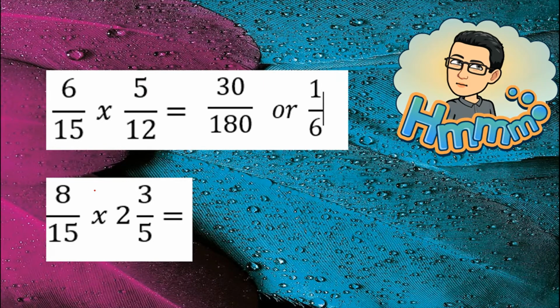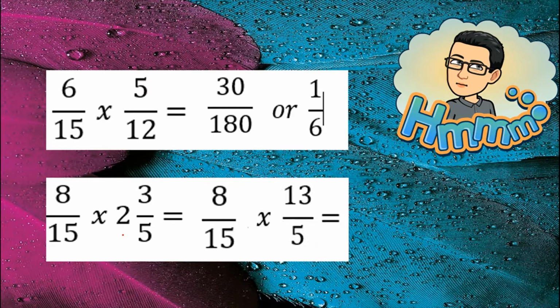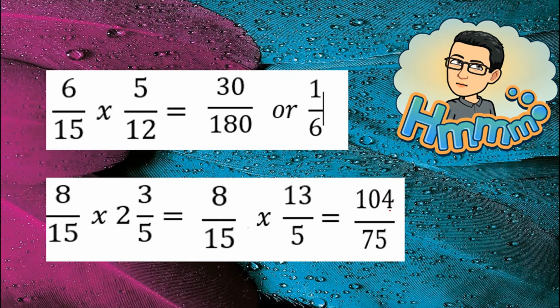So how about this one? 8 over 15 times 2 and 3/5. I just copy the fraction 8 over 15 and change 2 and 3/5 into an improper fraction. So that is 13 over 5. And we now multiply the top, then multiply the bottom. 8 times 13, that is 104.